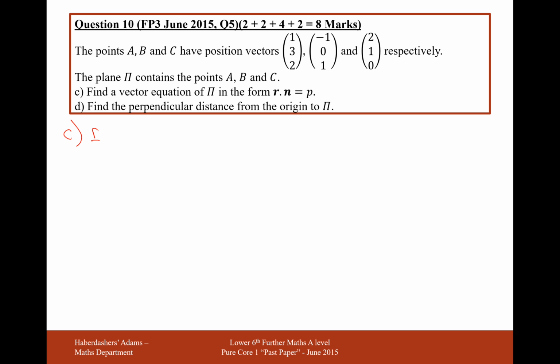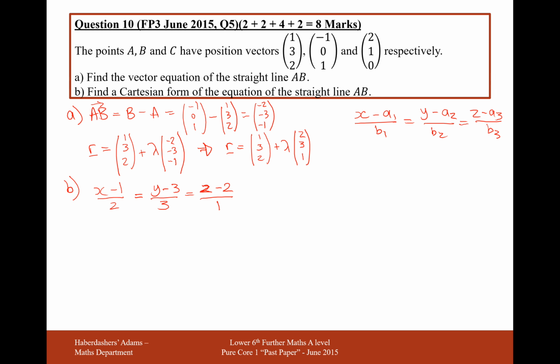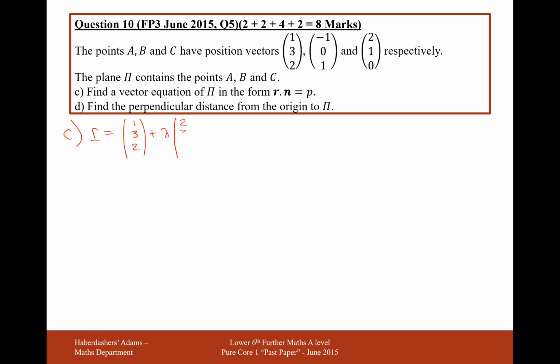So the equation of our plane is going to be (1, 3, 2) add lambda lots of (2, 3, 1). And now we need a third part of our vector that will get us from A to C. So we need to go up 1, we need to go down 2, and we need to go down 2 again. So that's how we get from A to C.